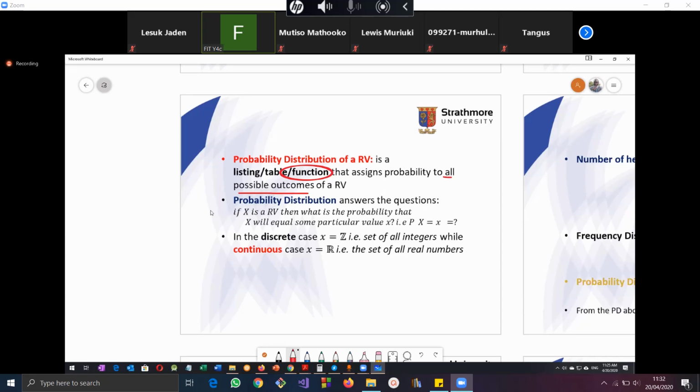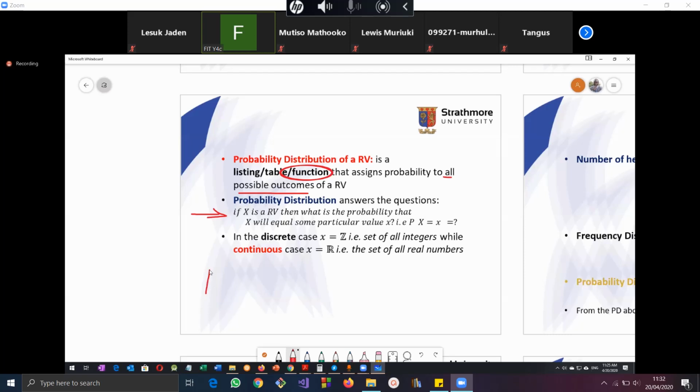So what does it tell us? What information does a distribution give us? If X is a random variable, then what is the probability that X will take some particular value, small x? So in other words, all the values in a probability distribution will add up to 1.